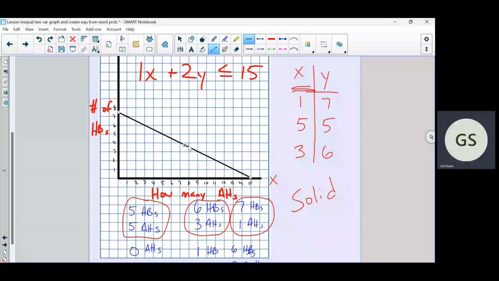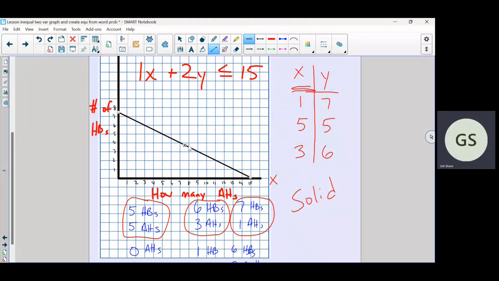There. So there's the line. Again, we already know it's solid because we did that first. And the reason it's solid is because we can spend exactly $15. That's what that line represents. Spending exactly 15. The amount of money we spend on the left is exactly 15 on the right, which we said is true. We can spend $15. That's why the little equal to sign is there.